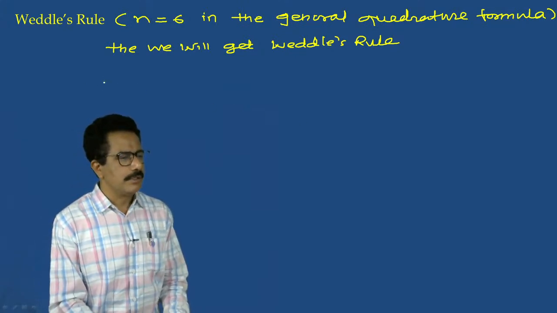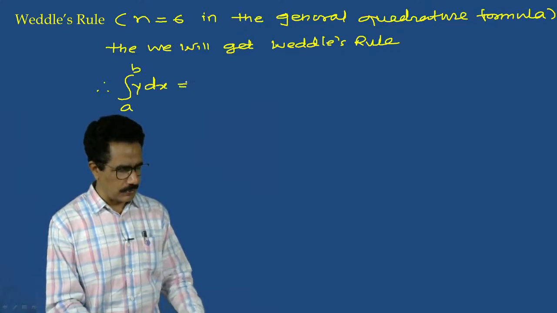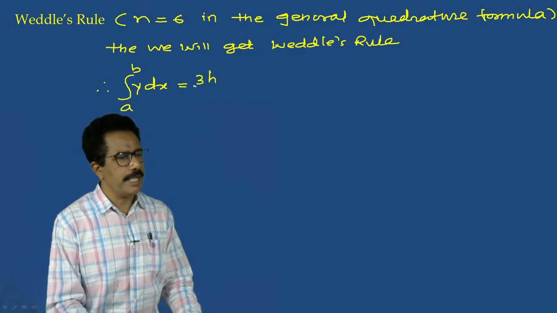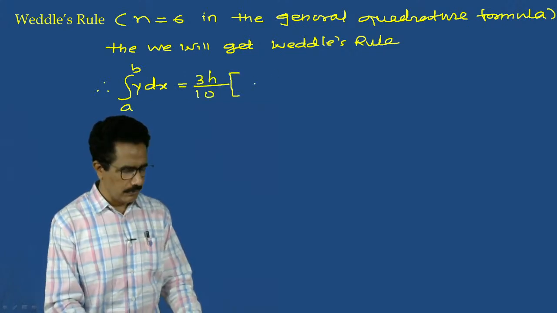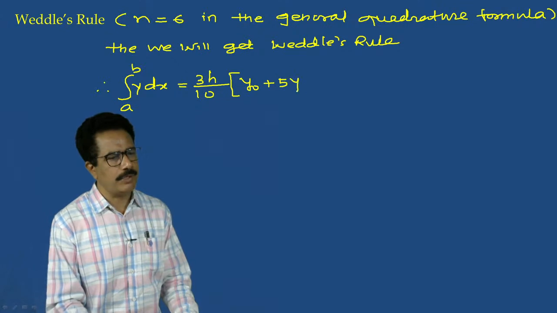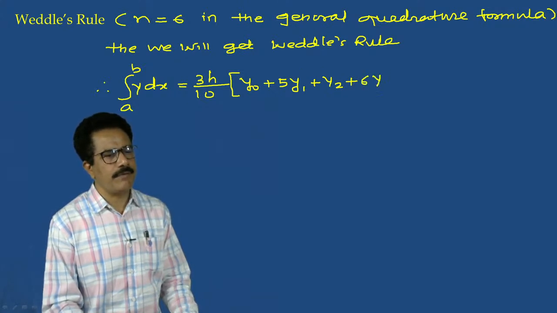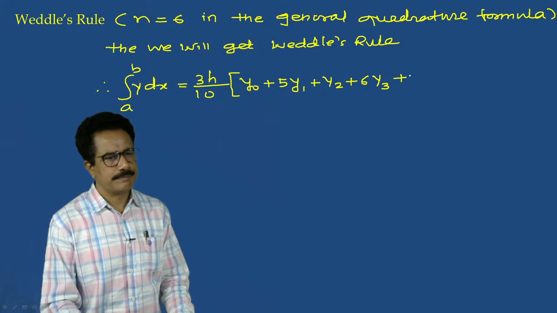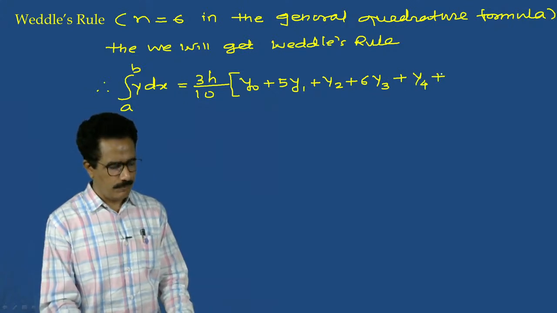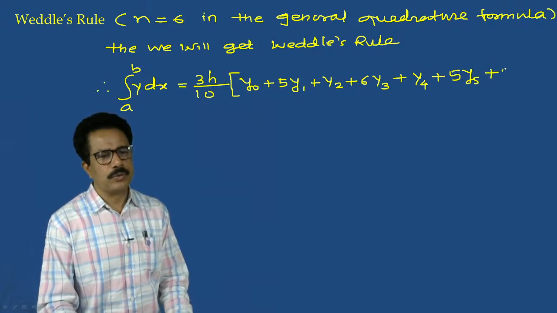What is that Weddle's rule? The formula is integral from a to b y dx, which equals 3h by 10 into y0 plus 5 times of y1 plus y2 plus 6 times of y3 plus y4 plus 5 times of y5 plus 2 times of y6 plus and so on.